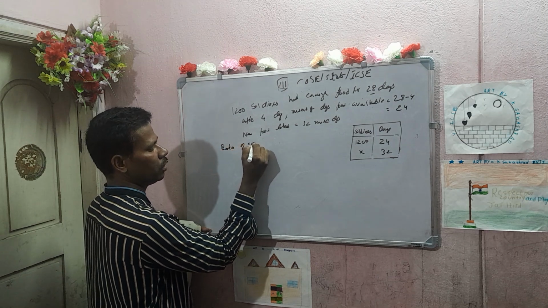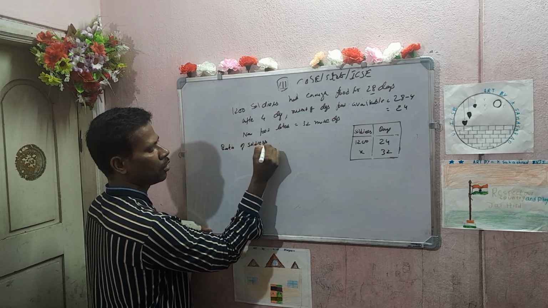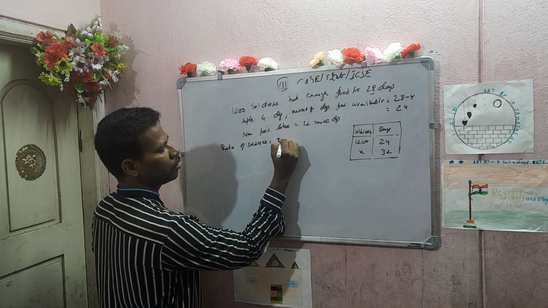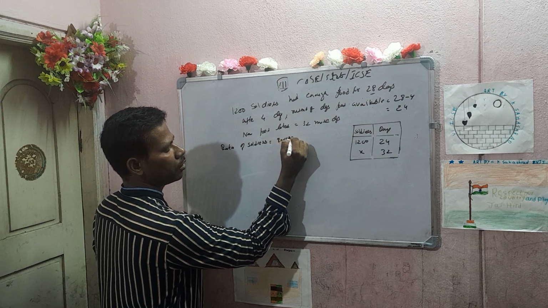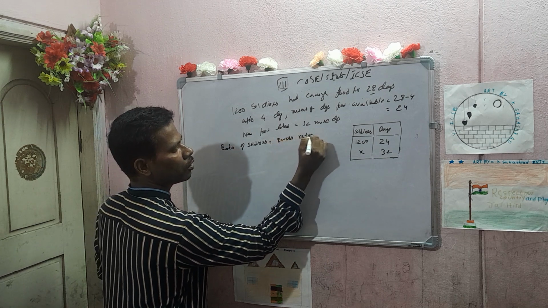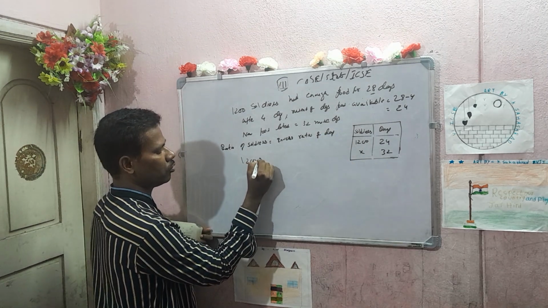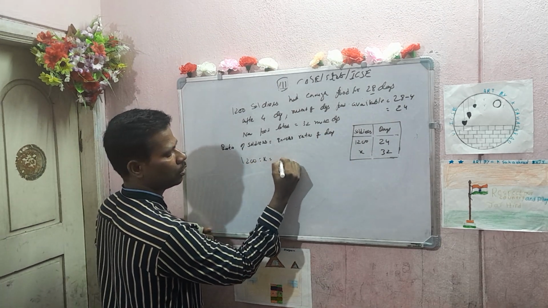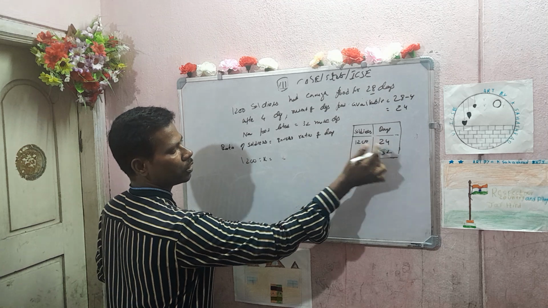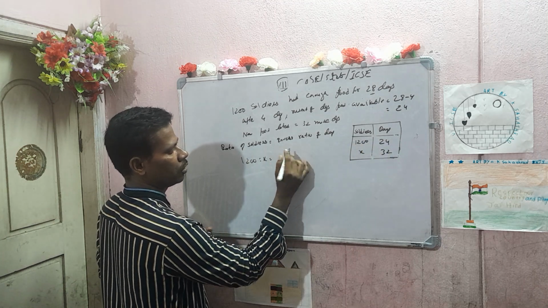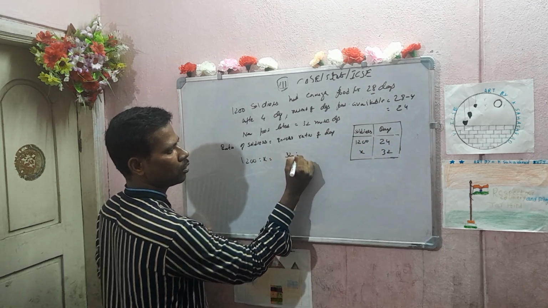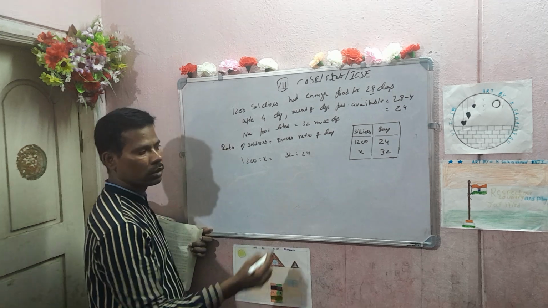So the ratio of soldiers is equal to the inverse ratio of days. The ratio of soldiers, 1200 is to X, is equal to the inverse ratio, 32 is to 24.